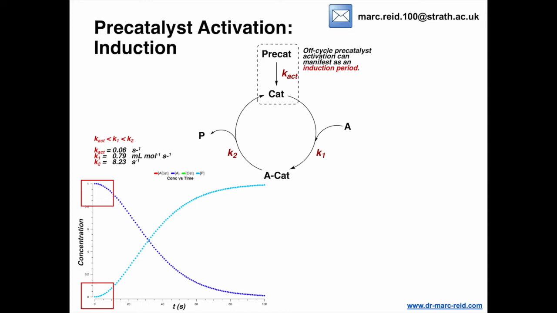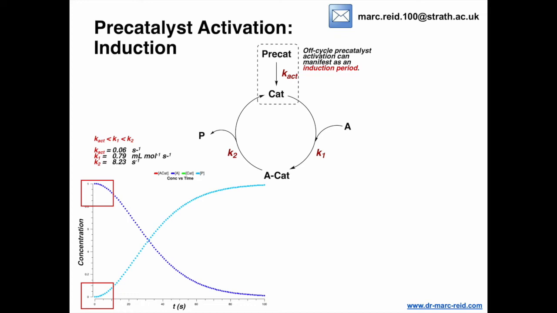This relationship of the catalytic on-cycle steps and the off-cycle precatalyst activation directly affects the shape of concentration versus time plots. In the case where the precatalyst activation step has a much smaller rate constant than either of the on-cycle steps, we see a significant induction period.